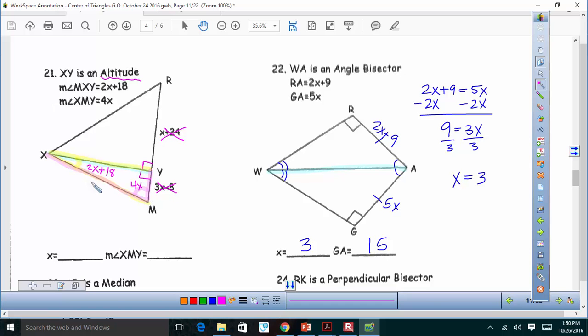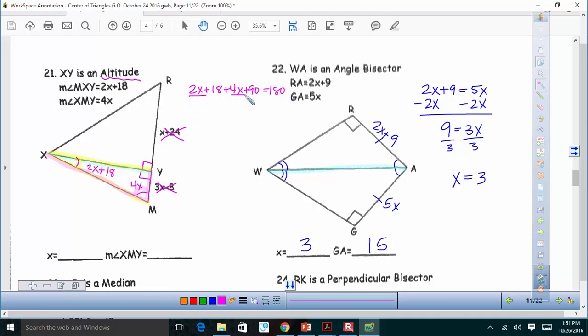So what do you think we'd do to solve this? We have an angle, and 90. Add them all together, set them equal to 180 because they're all in the same triangle. So all these angles add up to be 180. So we do 2x plus 18 plus 4x plus 90 equals 180.